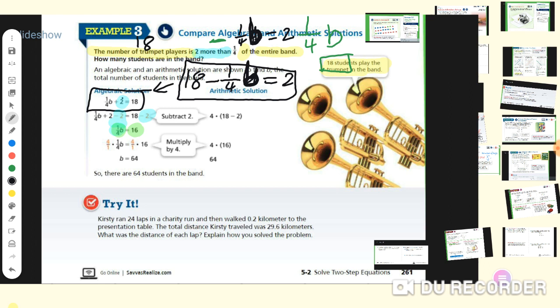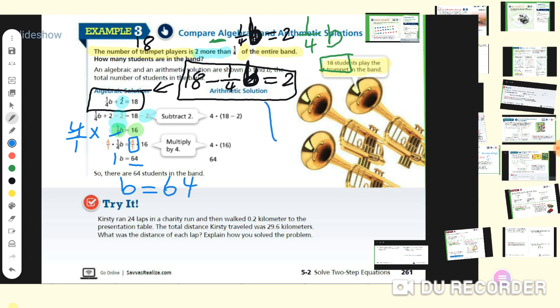So here it remains 1 over 4 B equals 16. I want to finish 1 over 4, so I will multiply by what? Yes, the multiplicative inverse, which is 4 over 1. So 4 with 1 over 4 will give you 1B. I will multiply the other side also by 4 over 1, the same number. So it will give me 4 multiplied by 16, divided by 1, which is 64. So B equals 64.